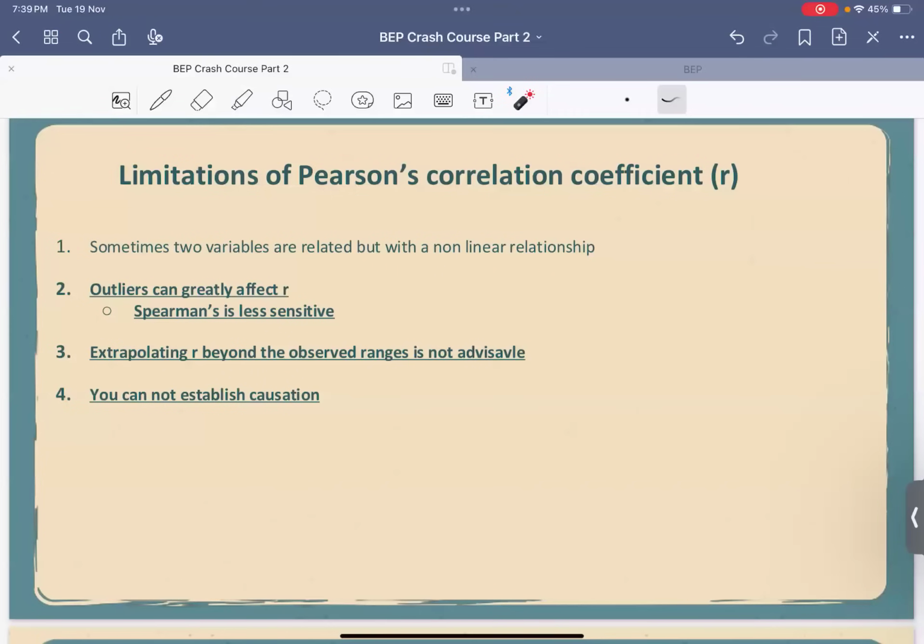Now, Pearson's correlation has some limitations, okay? The first, very important slide. The first thing is that sometimes two variables are related but in a non-linear relationship. So they might be related like this. Pearson correlation only sees if there's a linear relationship. What if the relationship between two variables was up and then down?